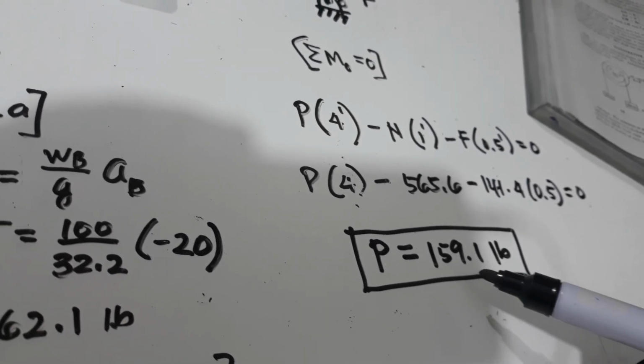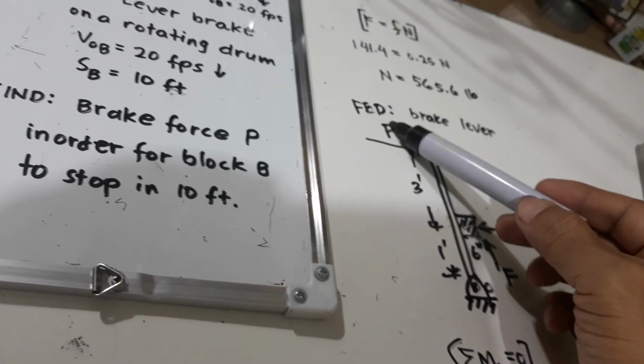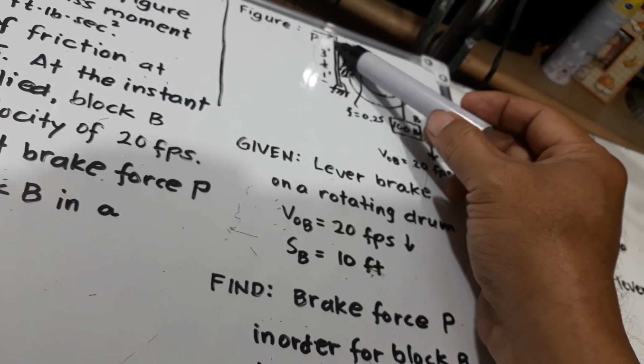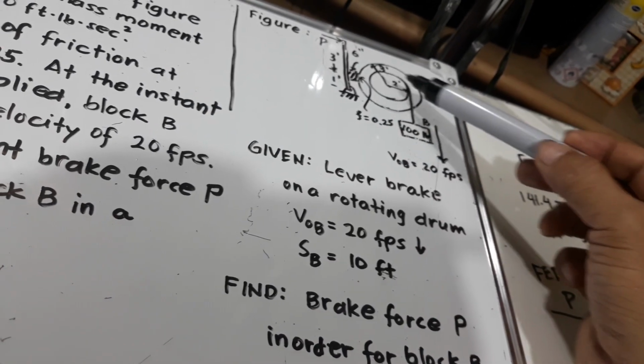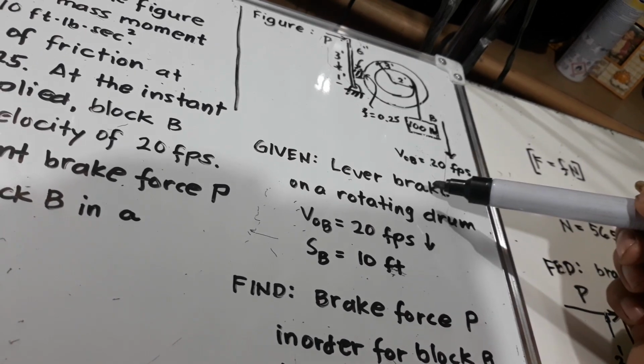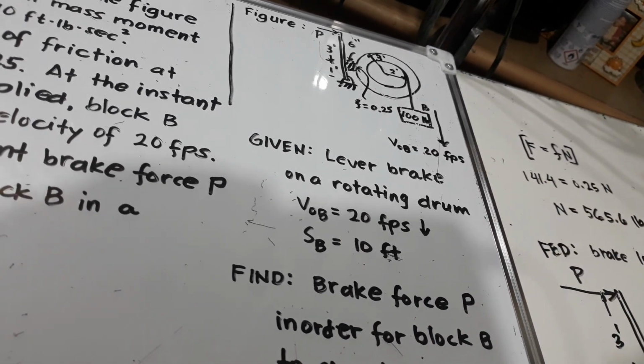So this 159.1 pounds is the force needed to be applied at the tip of the brake lever in order for this drum to stop rotating, and this weight will fall for only 10 feet. Thank you.